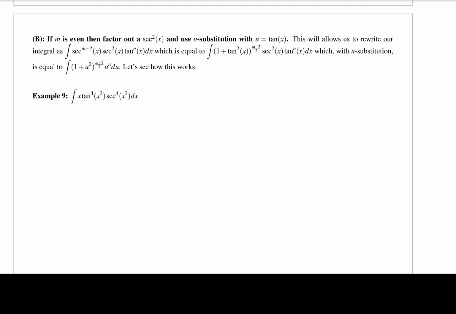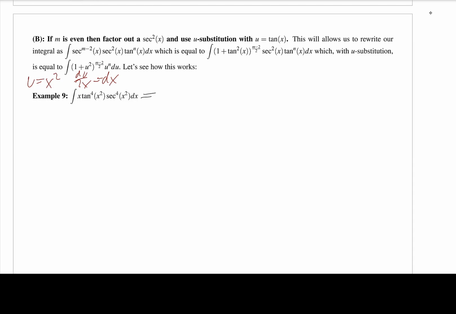Okay, before I do that, I notice that this isn't just x in here. This is an x squared. So what I want to do is go ahead and do a u sub, because that'll cancel out this x in front. So we'll do u sub, because I don't think we have to use any u's for integration by parts or anything else here. So we'll get du over 2x equals dx.